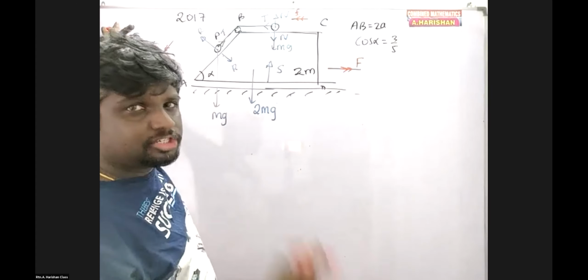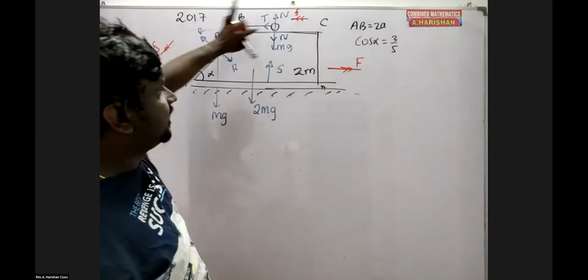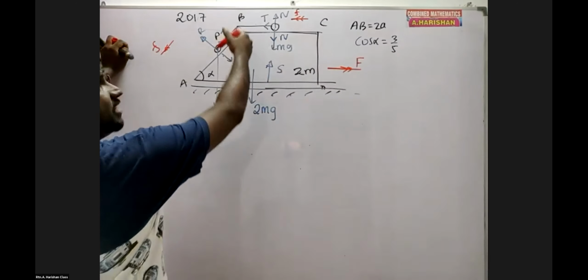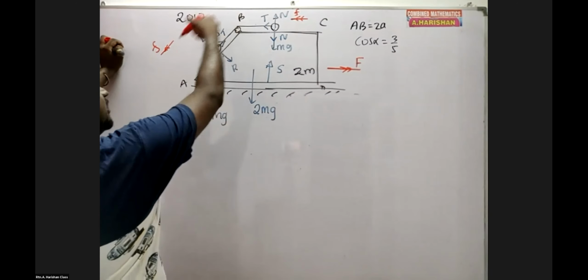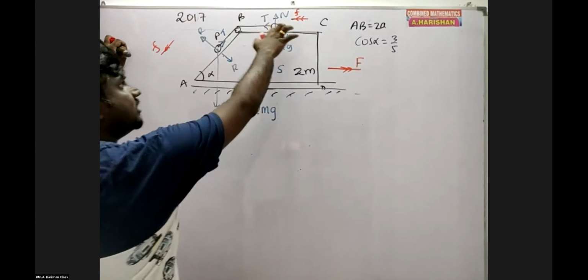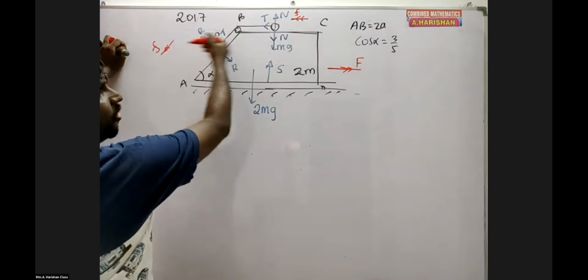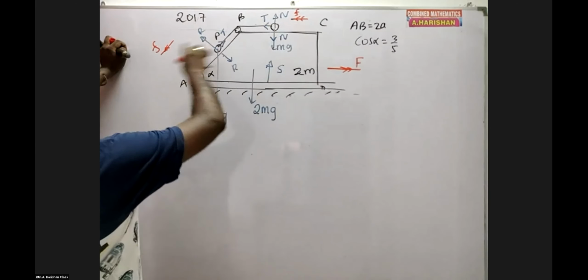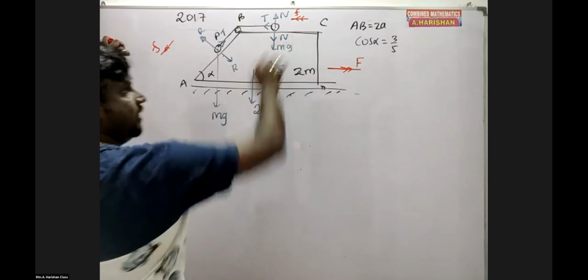Actually, the magnitude of the acceleration of this particle and the magnitude of the acceleration of that particle are the same, but the direction is different. This particle moves in this direction according to the wedge, and that particle moves horizontally according to the wedge. But the magnitude must be the same. If this is small f, this is also small f.